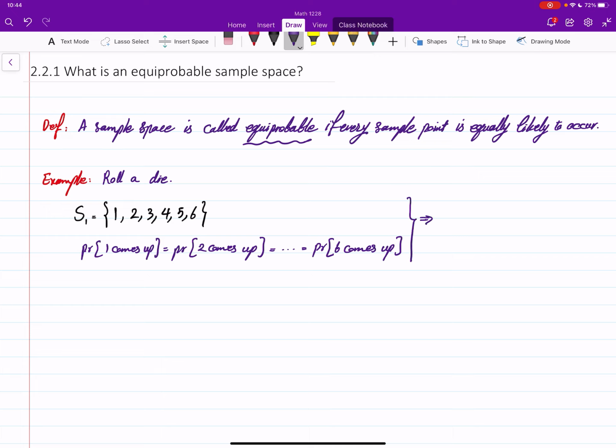So all these sample points are equally likely to occur. That means that S1 is an equiprobable sample space.